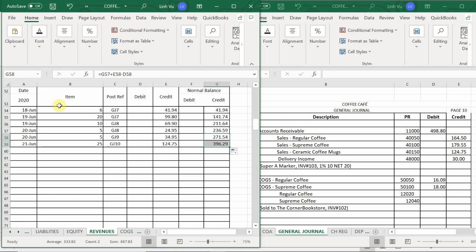Okay, last account that we have here is going to be delivery income.